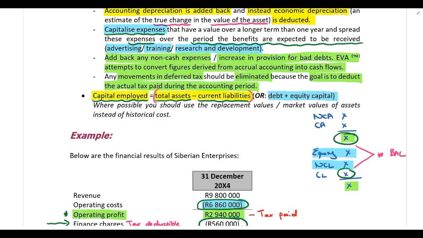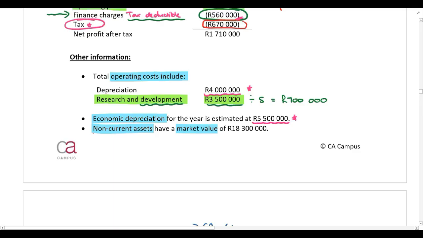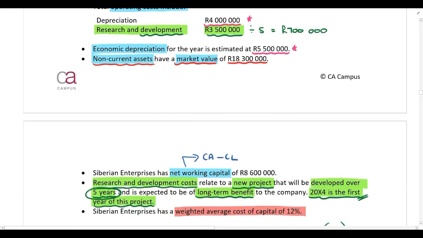However, what is important to note is you should not use historical costs as per your statement of financial position in this calculation. You should rather use market values or replacement values where possible. So in this example, I've given you non-current assets with a market value of 18.3 million rand, and I've also given you net working capital of 8.6 million rand.